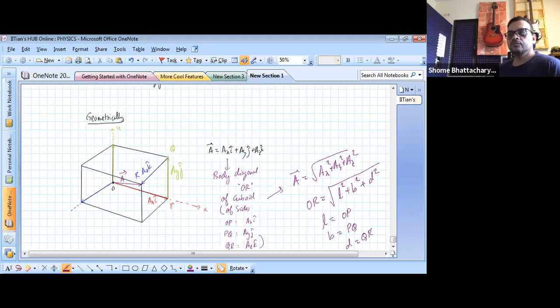So visually, that is how the vector A looks now. The vector A is the body diagonal of a cuboid whose mutually perpendicular edges are of length ax, ay, and az.